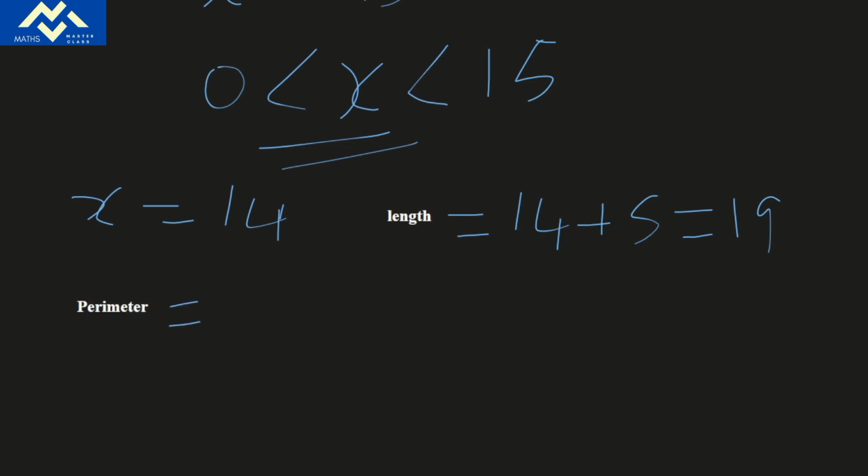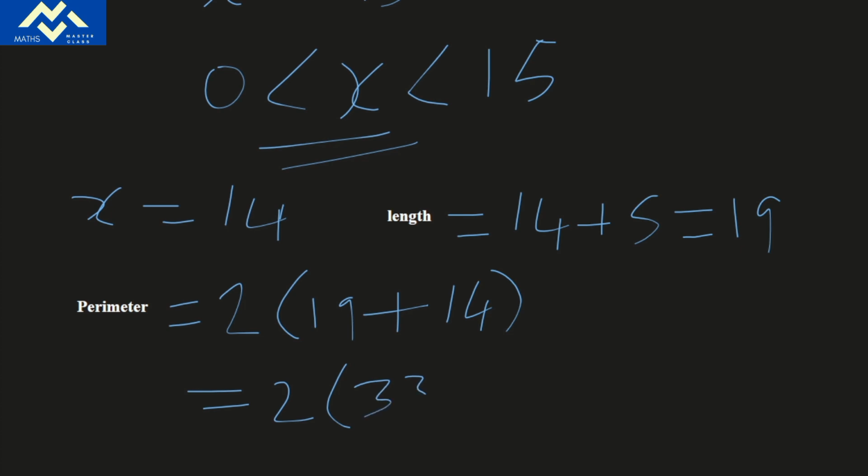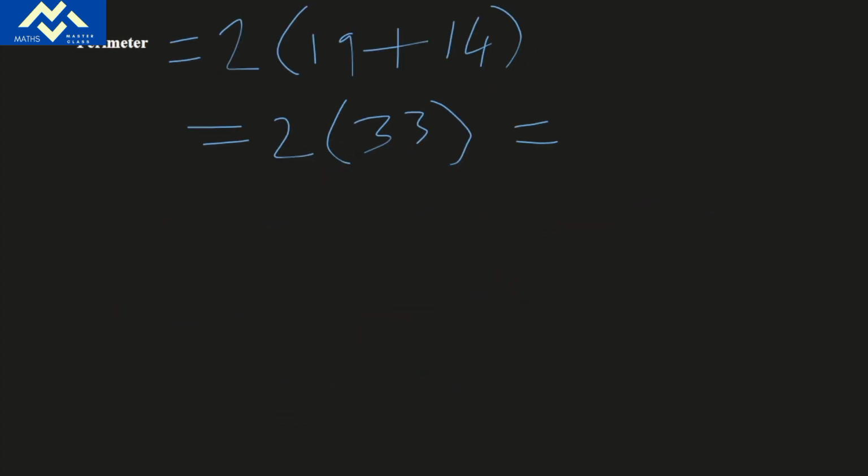The perimeter will be 2(19 + 14). 19 plus 14 is 33. So 2 times 33 is 66. Which is less than 70 meters. Therefore, if the width is 14 meters, the perimeter is 66 meters.